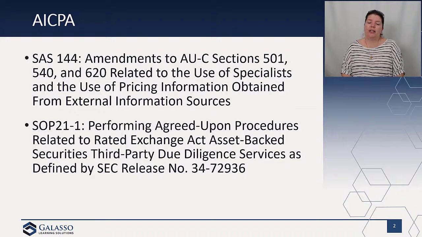And they also include an alignment with the PCAOB on using pricing information from pricing sources. And so add a little bit of guidance there coming down the pike. So that will be, again, a little bit later, but is updating some of the changes that were in SAS 143 as we prepare for the new risk assessment standard to come out in the near future.